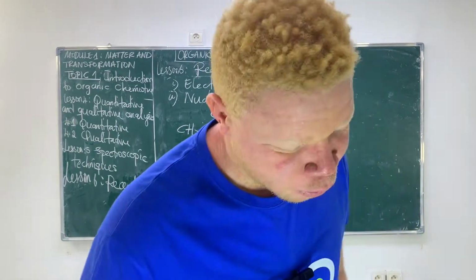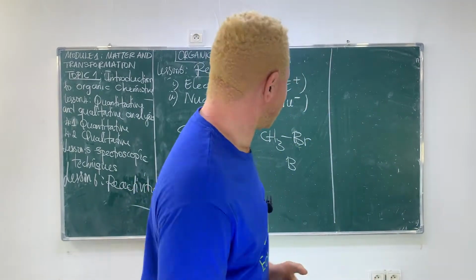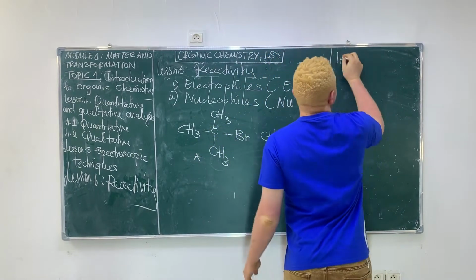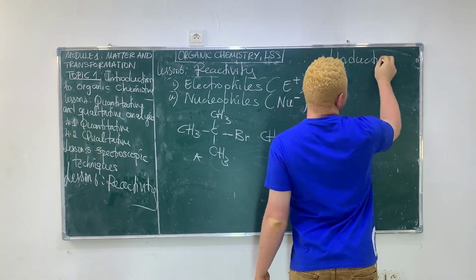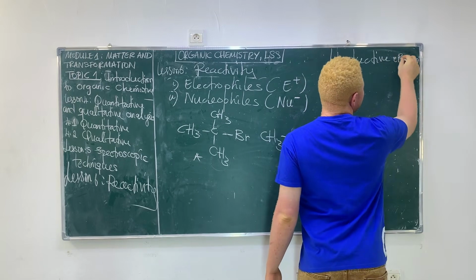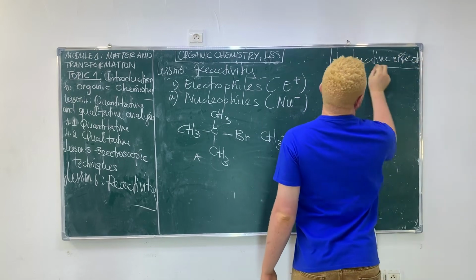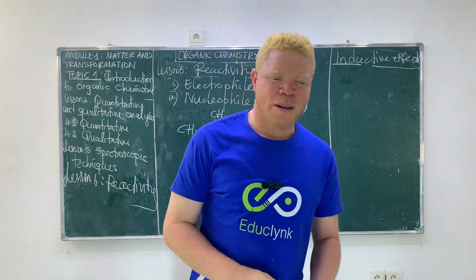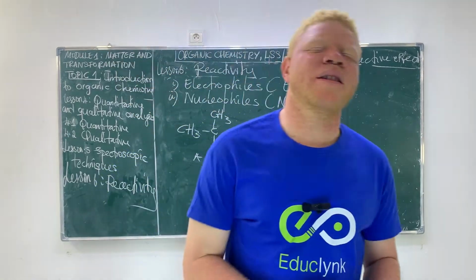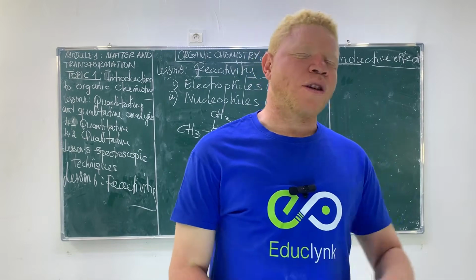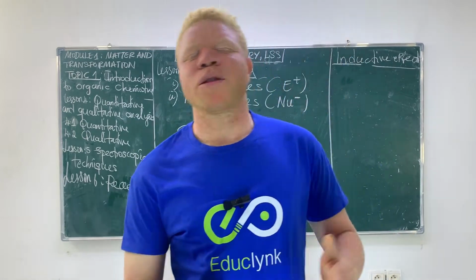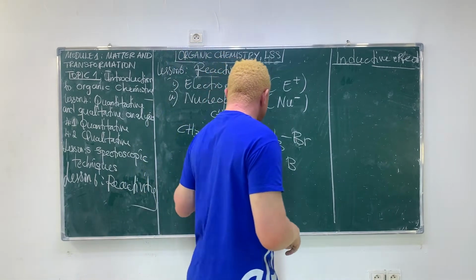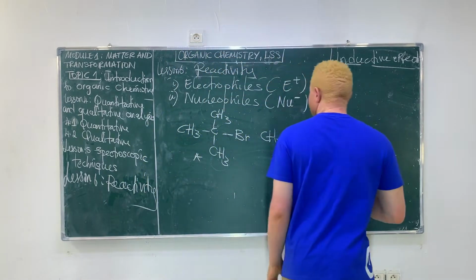Then there is what we also call the inductive effect. The inductive effect can be positive, with species that are donors of electrons, or negative, with species that are withdrawers of electrons. So we can have these two compounds also.